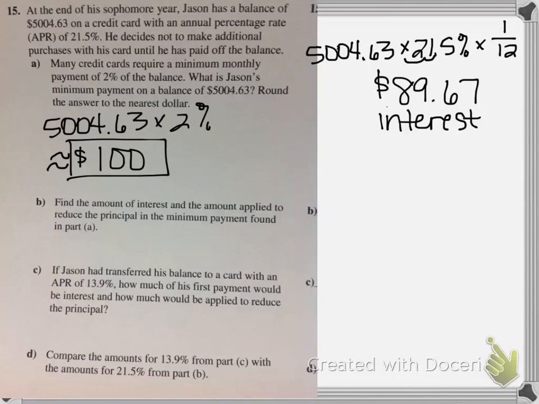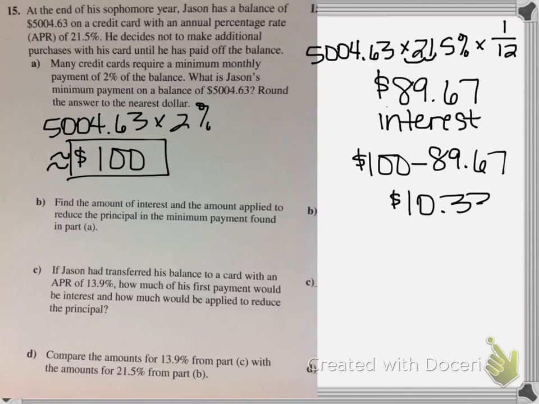Which means how much is actually reducing your principal? Well, 100 minus 89.67 leaves me with $10.33 for my principal.